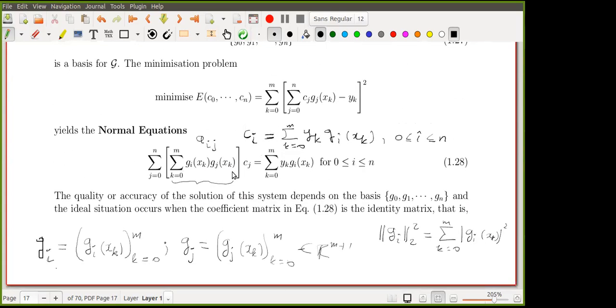So you can see that if the elements of the basis are orthonormal, the coefficient matrix becomes identity. The c_i are given directly by this formula. So no need to solve a linear system because the coefficient matrix will reduce to identity. So we have directly the expression of the c_i.